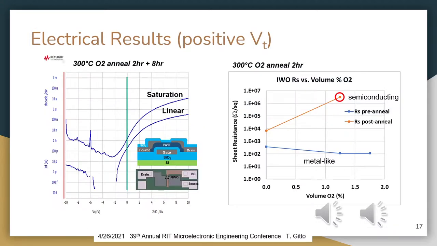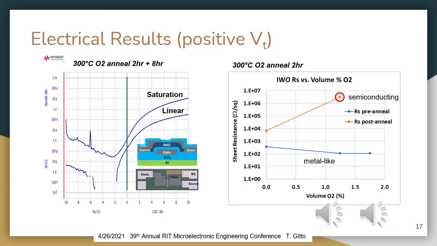Finally, getting to some more exciting results, we can see that after a 2-hour anneal plus an 8-hour anneal gave us incredibly good modulation where our device turned on and turned off. And what we can see on the right is before the anneal, this was acting quite metal-like, which is, again, not something that we'd want.